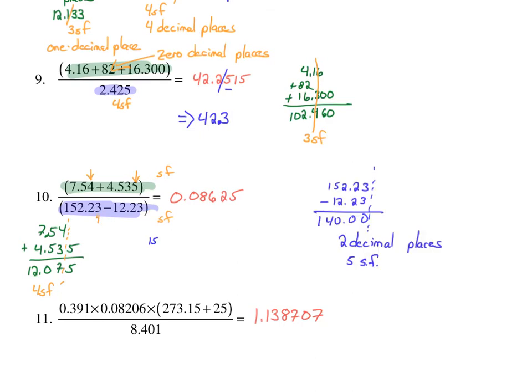We see this is subtraction. Each of these numbers has 2 decimal places, so our result to this calculation should have 2 decimal places, and that results in a number with 5 sig figs. Now let's go to our overall problem. Our numerator, we now know, has 4 sig figs. From down here, our denominator has 5 sig figs.